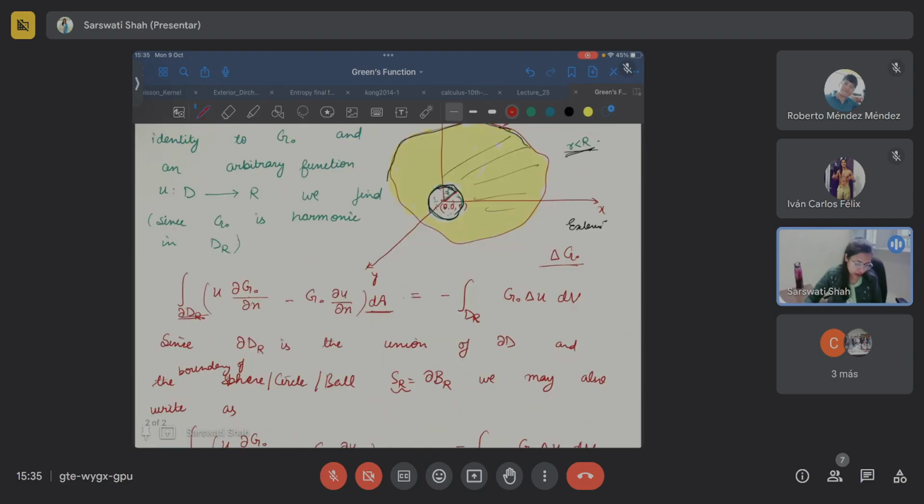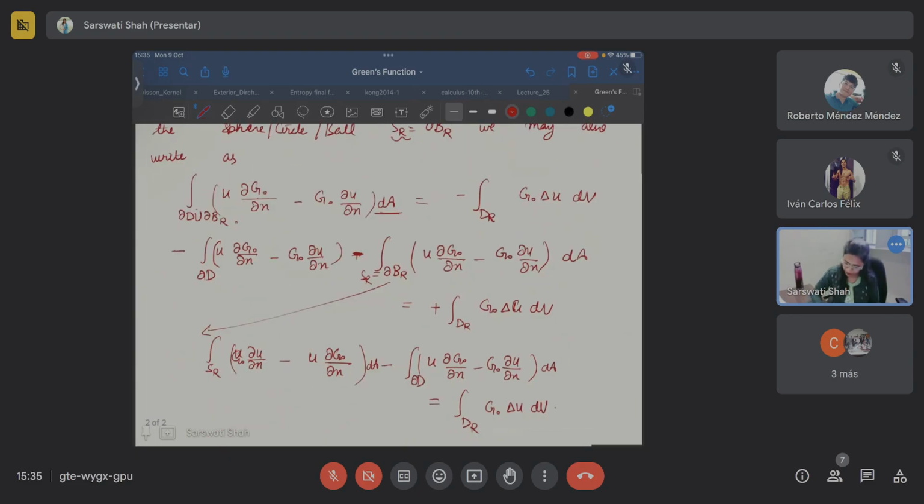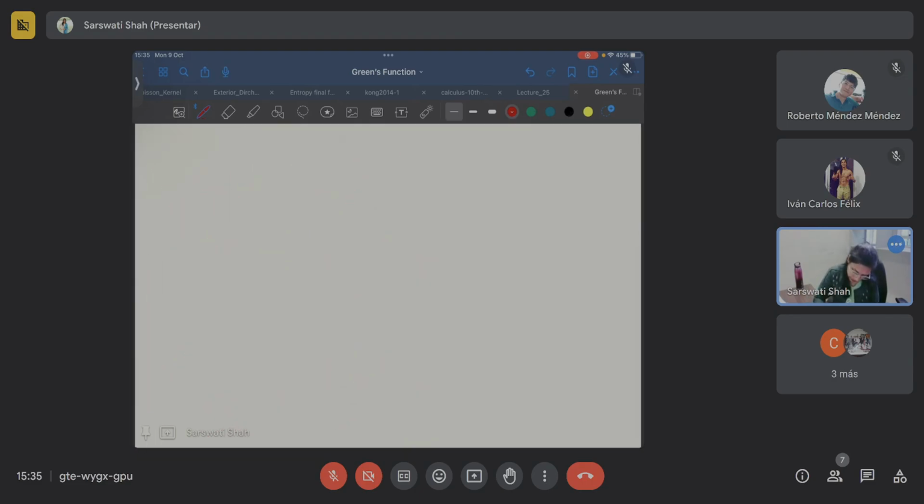Consider first the integral over S_R. Recall dA is equal to r to the power n minus 1 dω in polar coordinates.